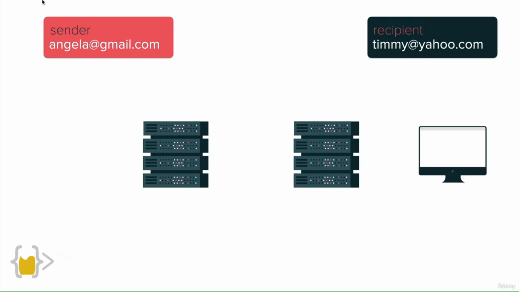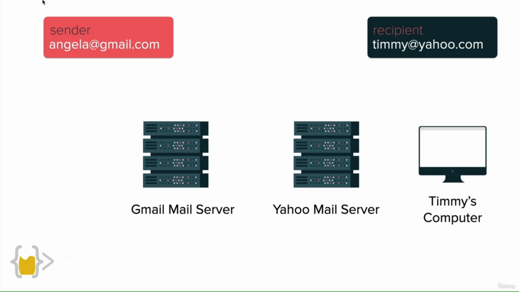Now, in order to send this email from my Gmail account to another email account, what happens behind the scene is that there's a Gmail mail server which will receive my message, and then there's a Yahoo mail server which will store the message until Timmy logs on to his computer and logs on to yahoo.com, which downloads the email from the Yahoo mail server.